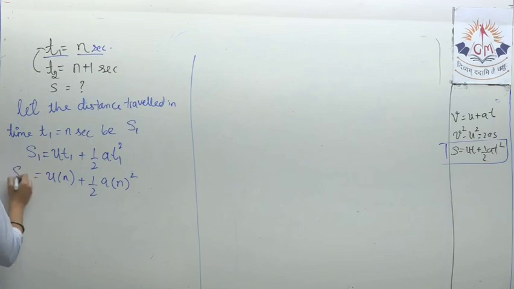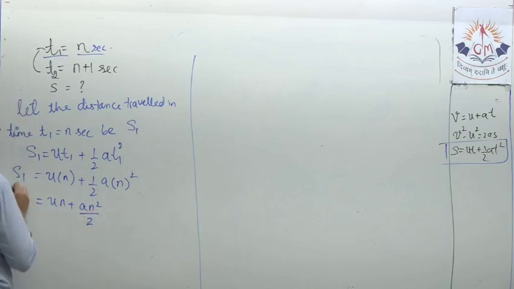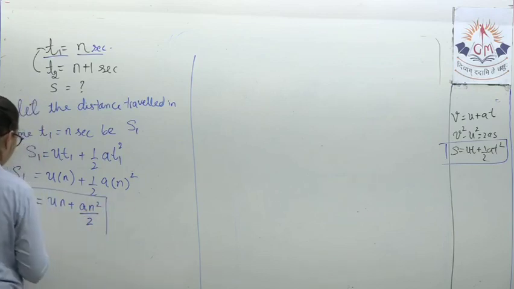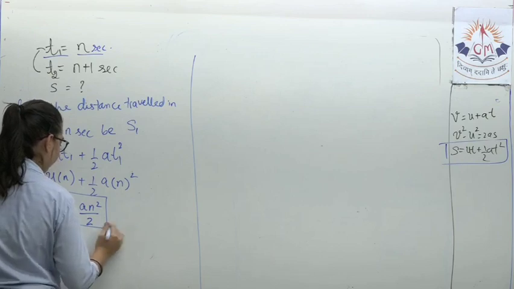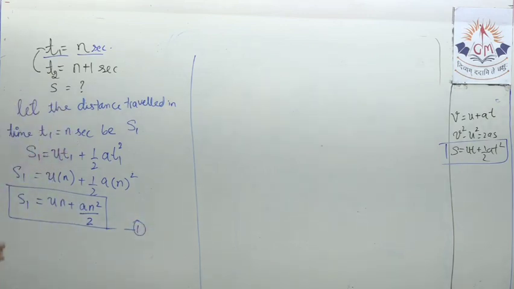So s1 is equal to un plus an squared by 2. This is the very first distance. I hope it's clear that the distance traveled in time t1 equal to n seconds is s1 equals un plus an squared by 2.